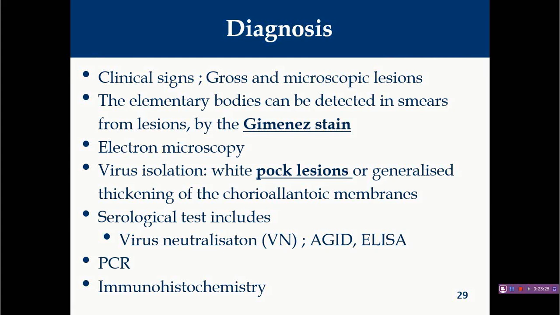So now diagnosis. Generally, gross lesions, whenever you find cutaneous lesions, are very characteristic and indicative of pox lesions. But in case of cutaneous lesions, you have to remember to go for some differential diagnosis.